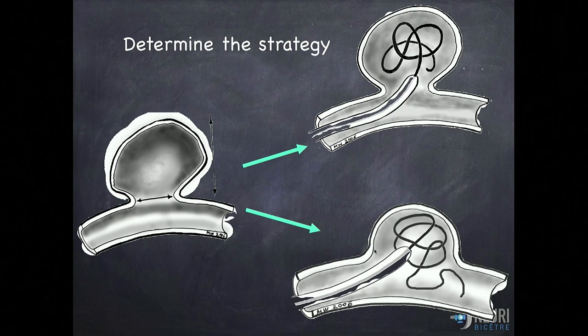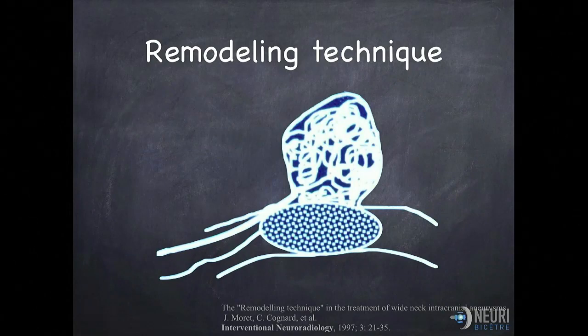So wide neck aneurysms were considered at the beginning of the 1990s to be a contraindication for the endovascular treatment using coils. Because of his experience using balloons for treating aneurysm, Jacques Moret, who was my master, had the idea to use a balloon, and the balloon was inflated in the vessel to provide a constraint within the mesh of the coil.